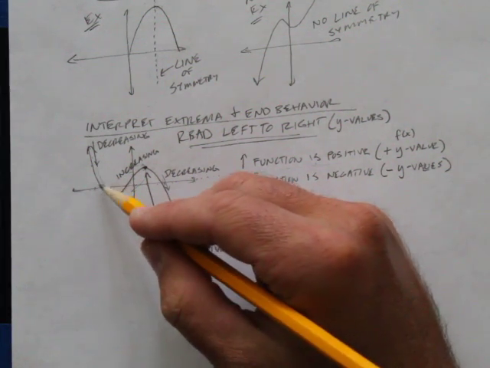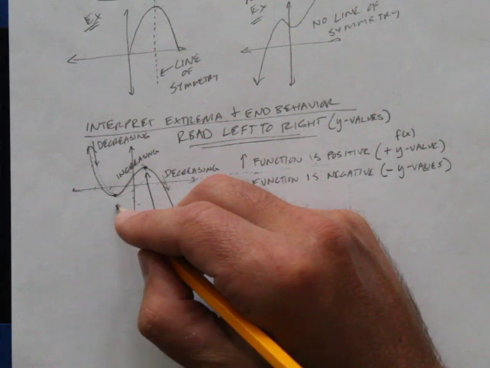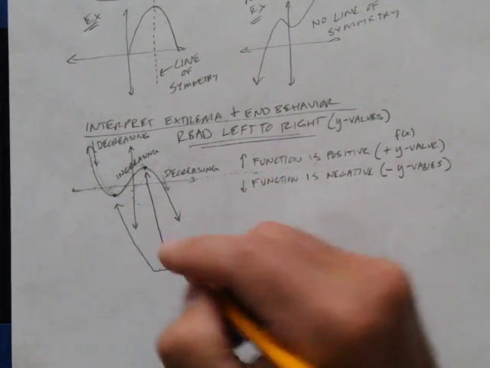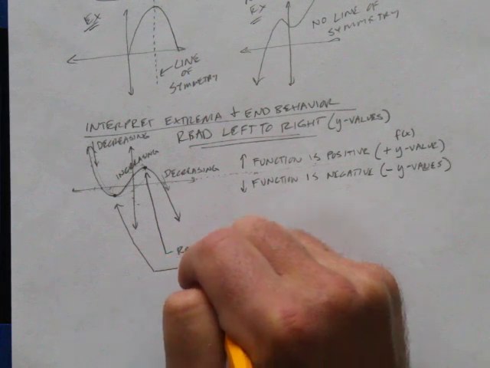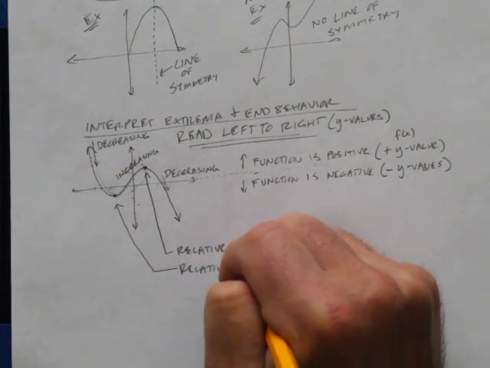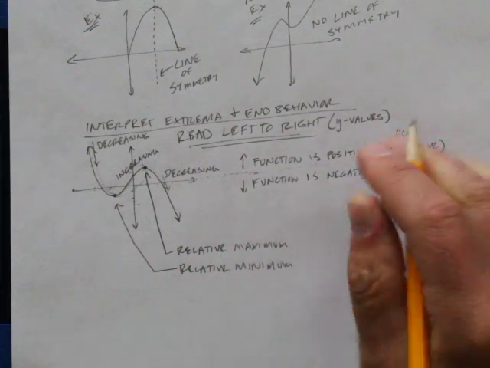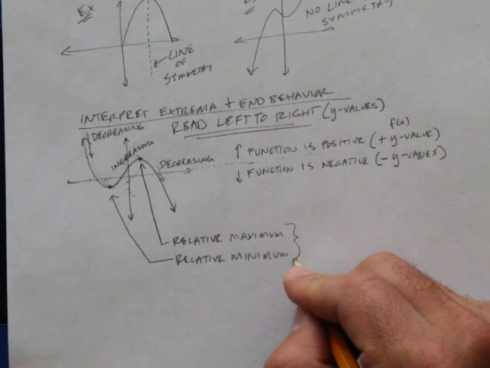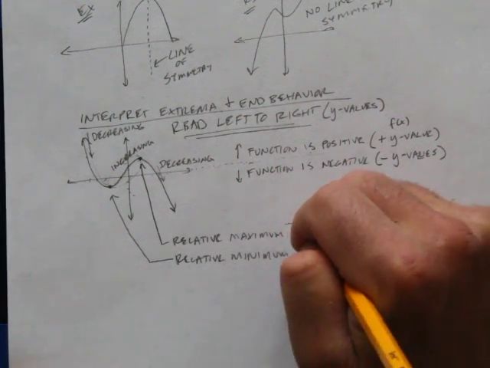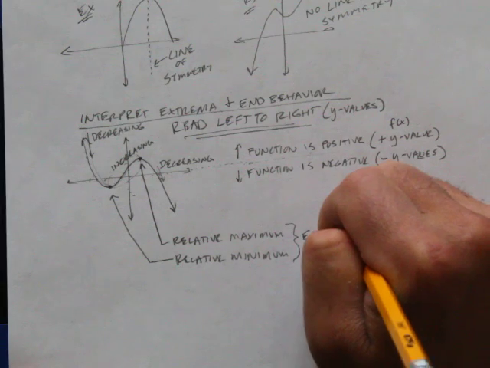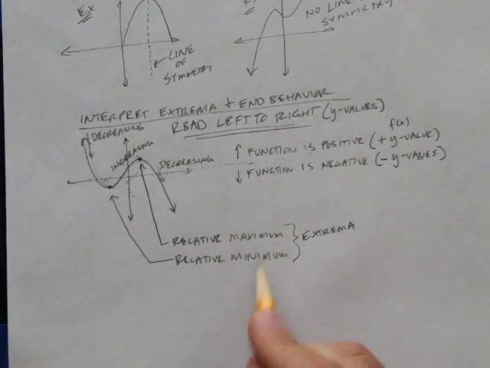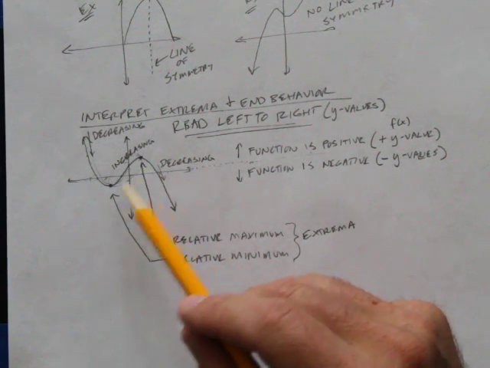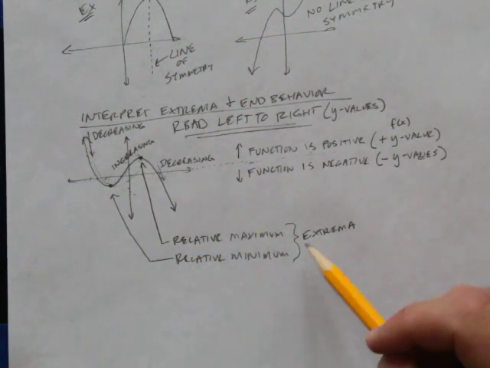So that means this part down here at the bottom of the valley is going to be my relative minimum. And all your relative maximums and minimums, that is called your extrema. The maximum and minimum, the extreme section of the graph, top and bottom, those are your extrema.